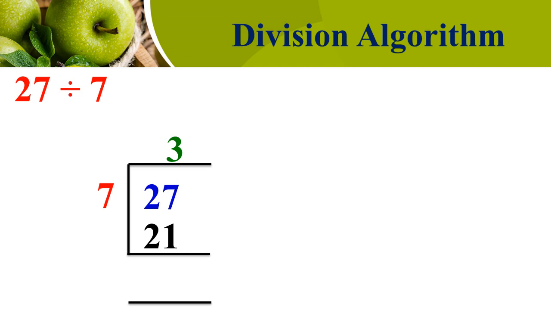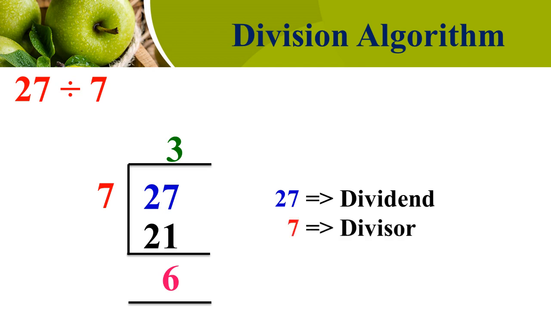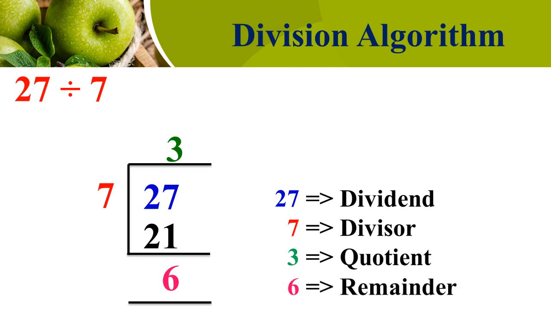Therefore, is a divided by b whole number? No. Therefore, for whole numbers a and b, b not equal to 0, a divided by b is not always a whole number. Therefore, closure property is not true for the division.